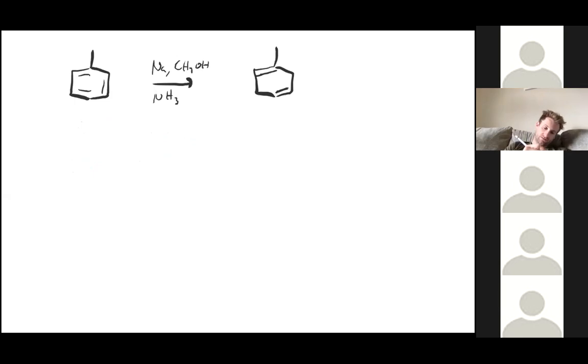All right, so we're going to donate a single electron into our system. Generate a negative and a radical, they are going to repel each other.